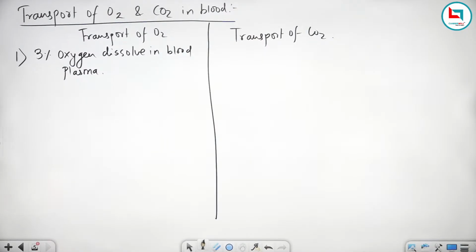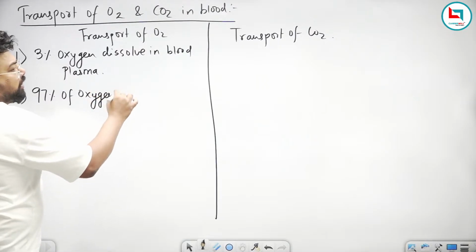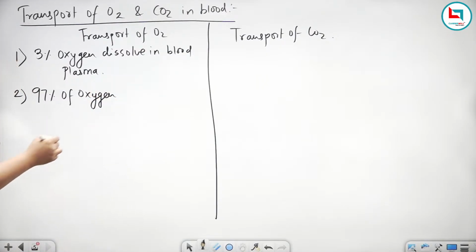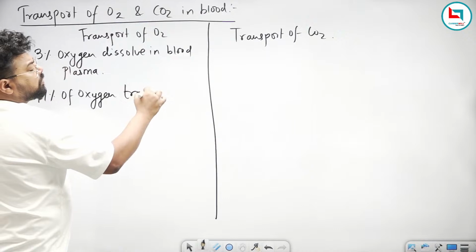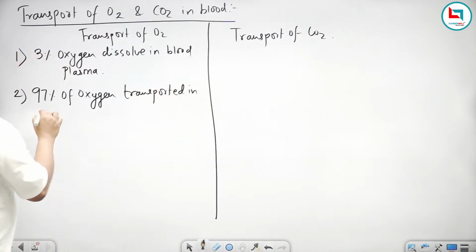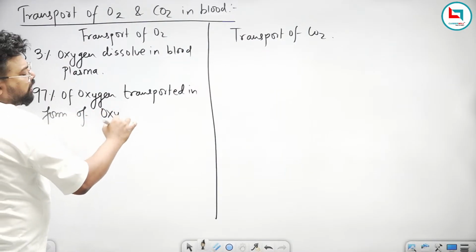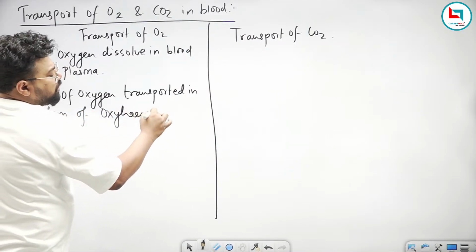While 97% of oxygen is transported in the form of oxyhemoglobin.